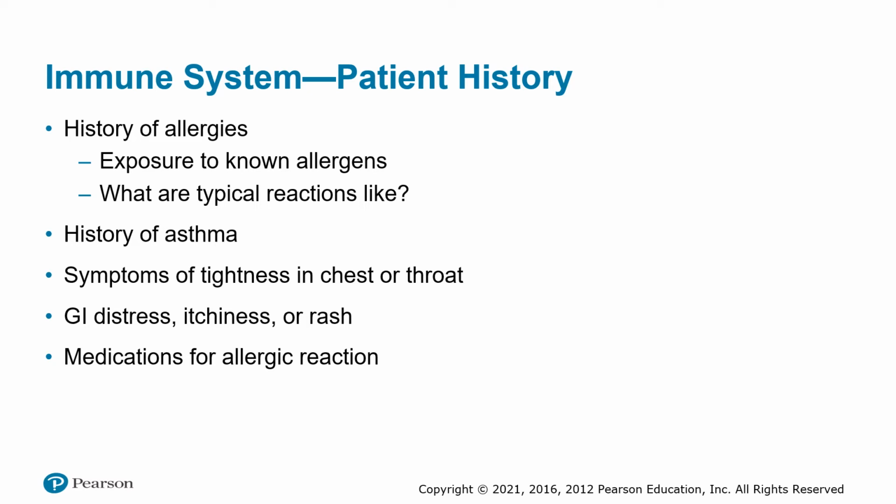Does the patient have a history of asthma? Do they have any symptoms of tightness in the chest or throat? Any GI distress, nausea, vomiting, diarrhea? Itchiness or rash? And do they take any medications for an allergic reaction, such as an EpiPen?